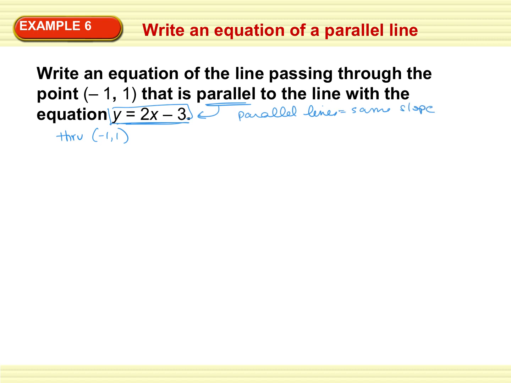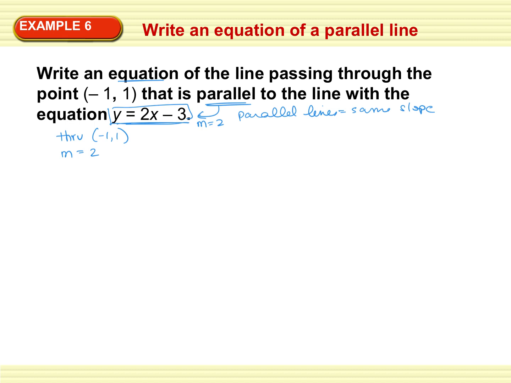So if the slope of this line is m equals 2, then I know that the equation that they want us to write is also going to have an m of 2. So now I know the equation they want has to go through point negative 1, 1 and has to have a slope of 2. And so there are 2 ways that I can solve this.